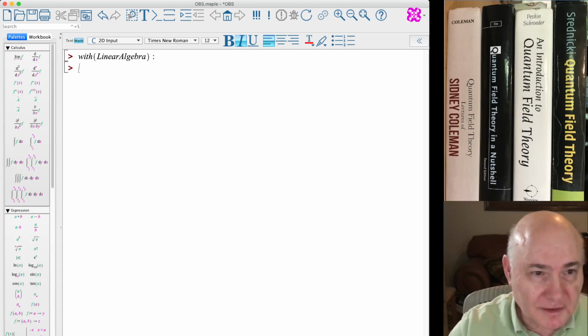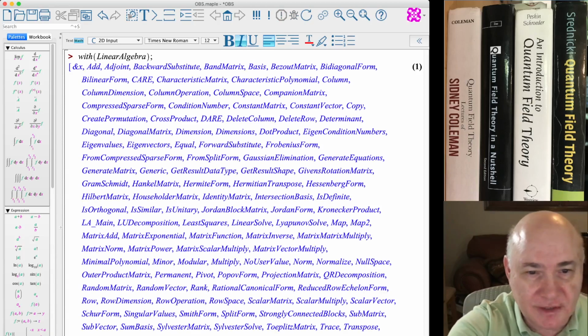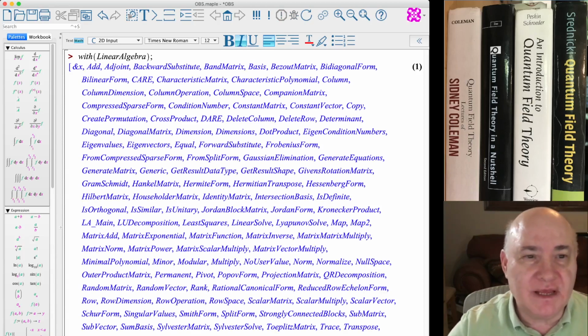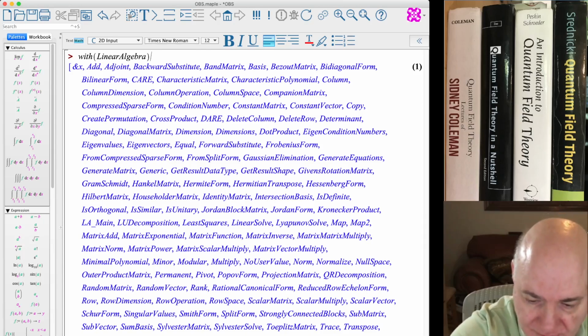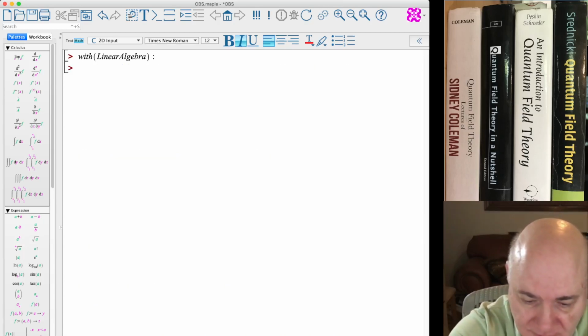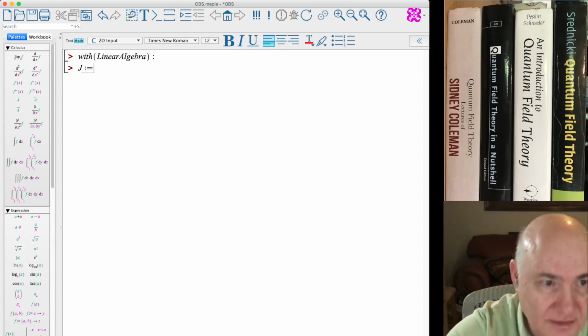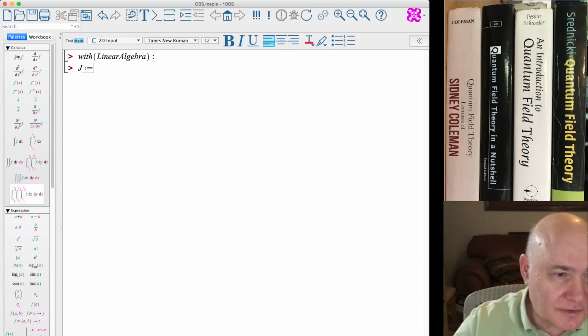Okay. For those who haven't used Maple, the colon suppresses output. If I didn't suppress the output, you get all the possible commands in Maple, but we don't need to see that for now. And then I'm going to define a rotation matrix.